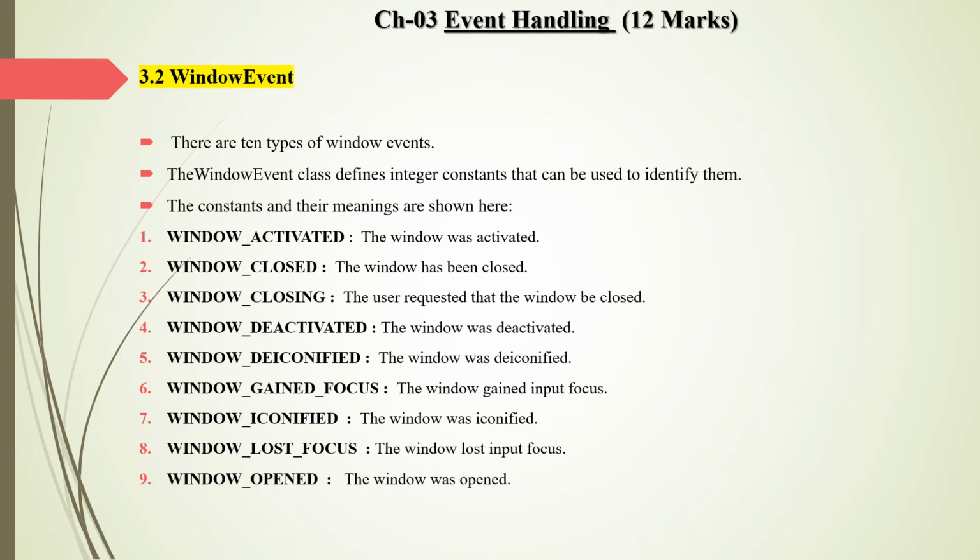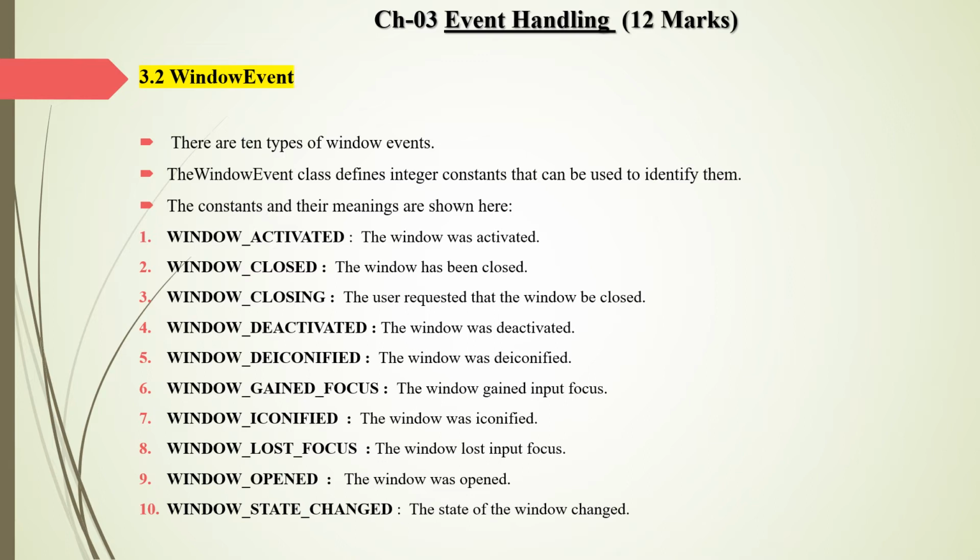The ninth one, WINDOW_OPENED. When any window is opened, window meaning our container like frame or applet, at that time this constant is used. And the last one, WINDOW_STATE_CHANGED. When the state of any window is changed, this constant is used.